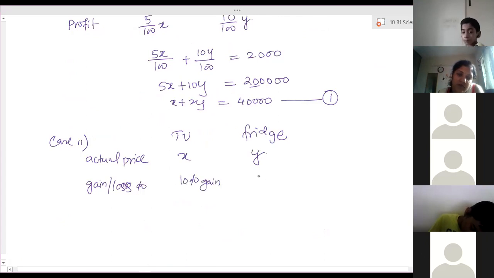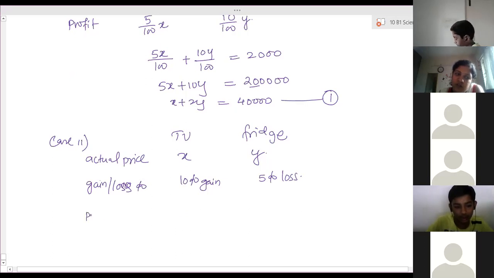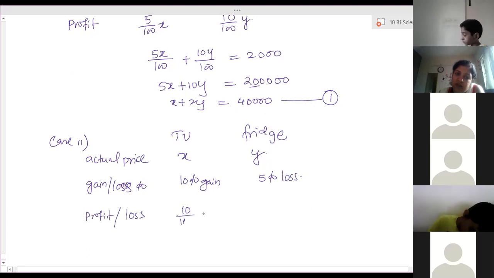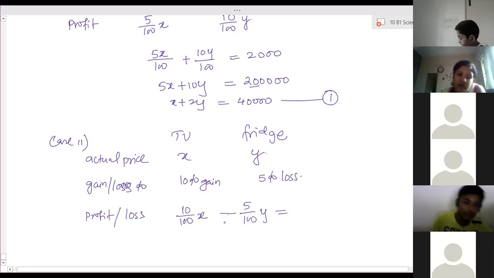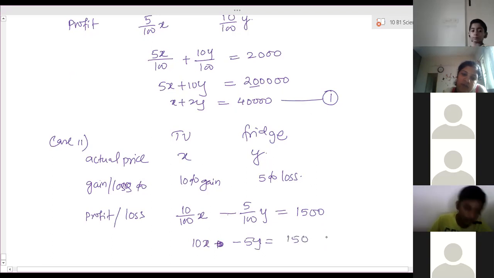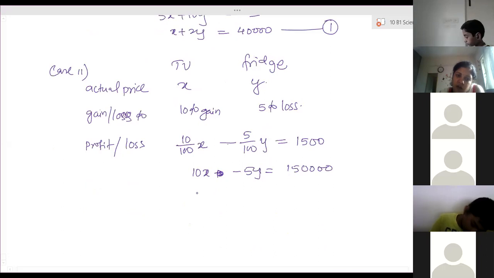So the profit or loss will be 10 by 100x and 5 by 100y. And this is a loss, therefore we have to subtract. And that is equal to the total amount, 1500. So 10x minus 5y is equal to 150000. 2x minus y is equal to 30,000. Solve these two equations.